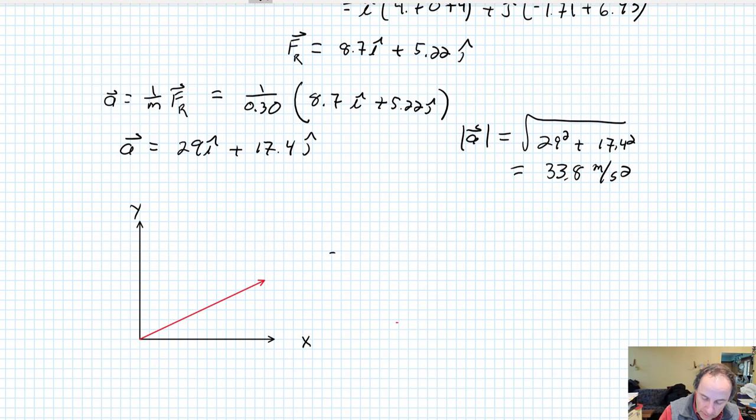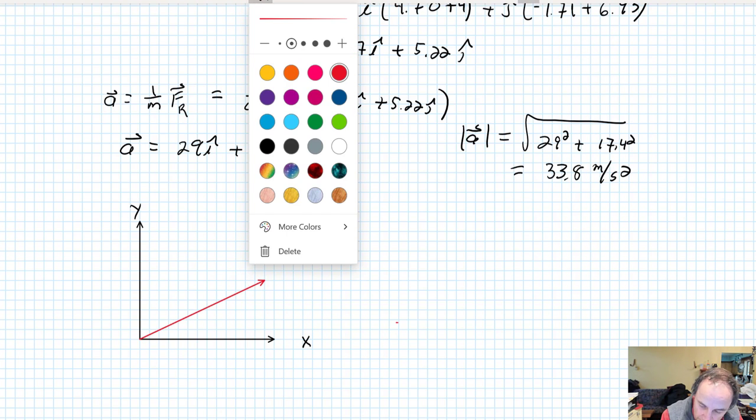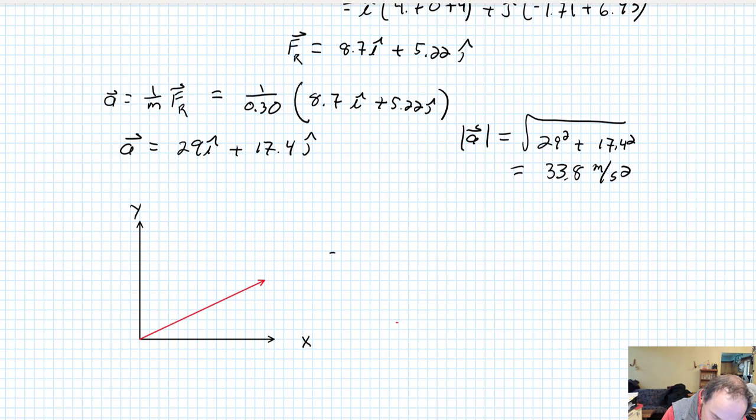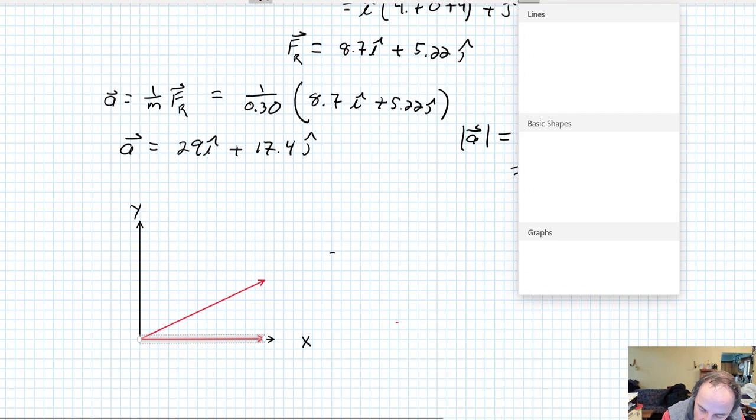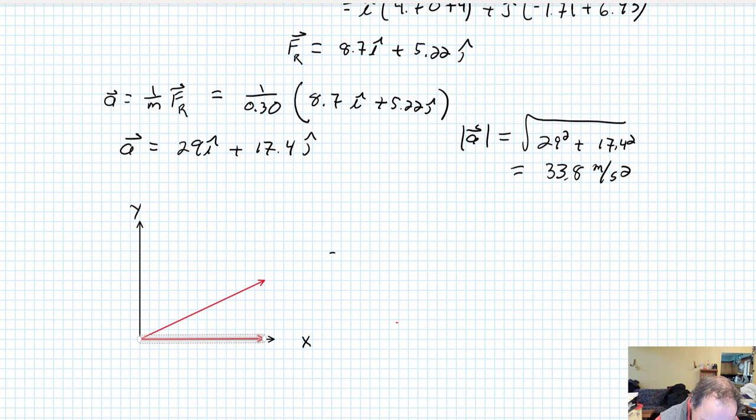So something like that. It's going to have an x component that looks like this, and a y component that looks like this. So this is the angle we're looking for.